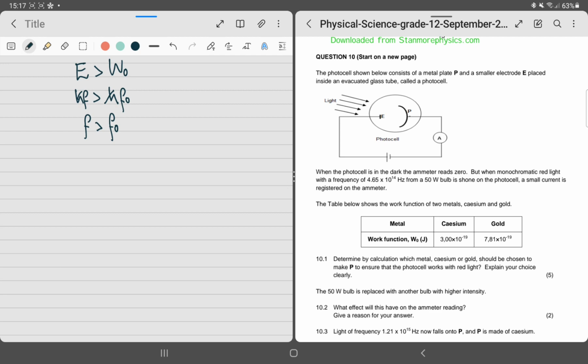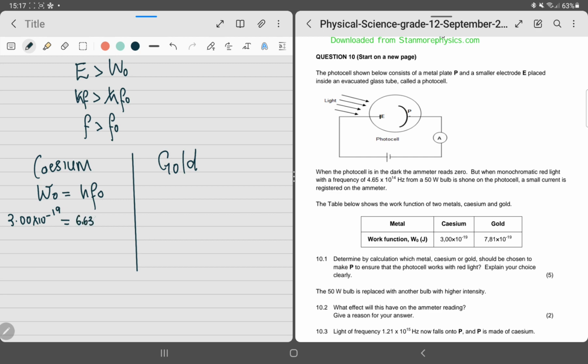So we will use cesium, and then on the side we will use gold. So we know that the work function should be equal to hf0. We are given the work function as 3.00 times 10 to the exponent of negative 19.